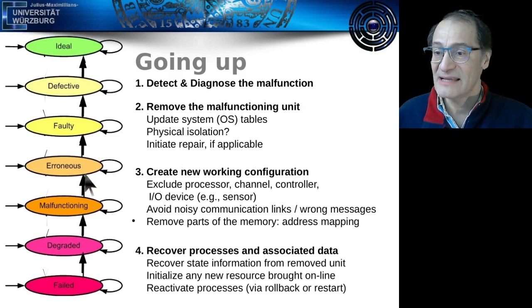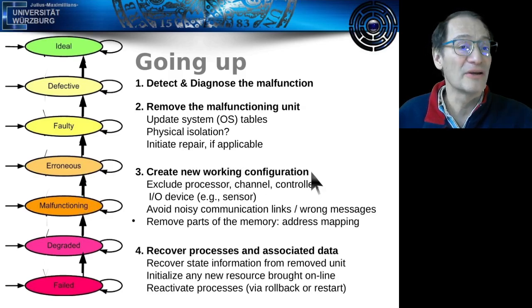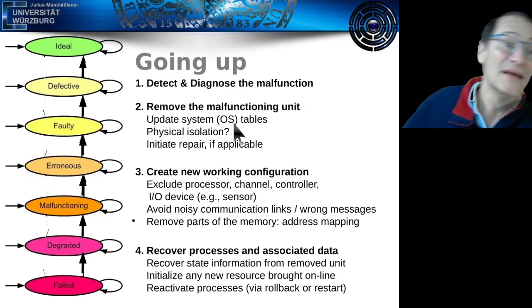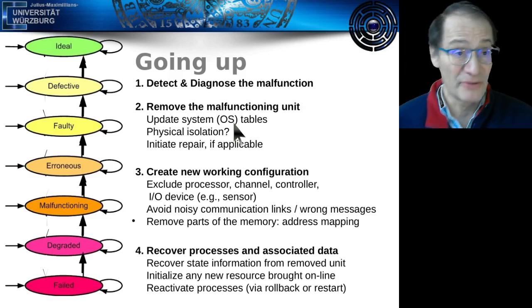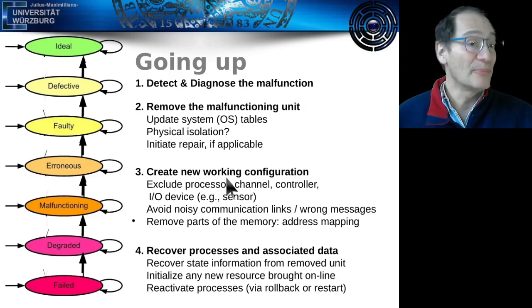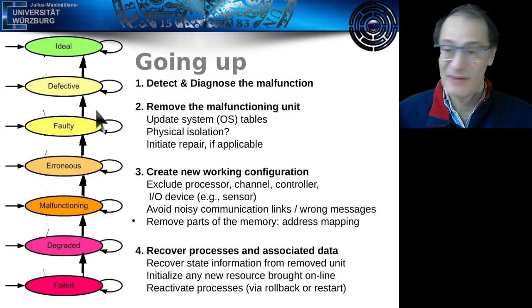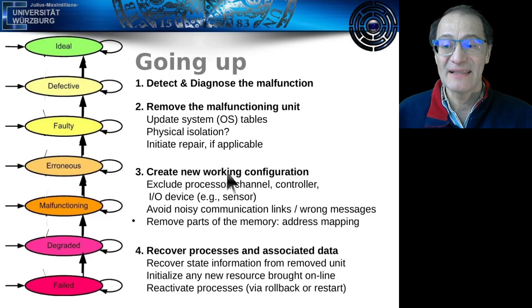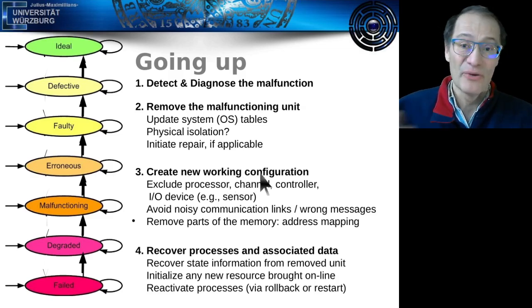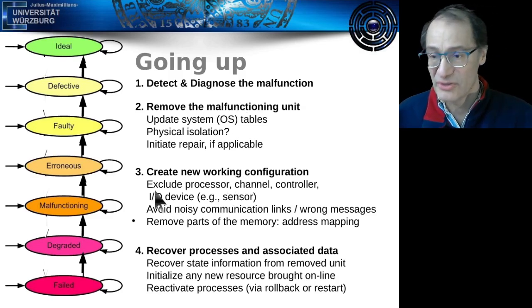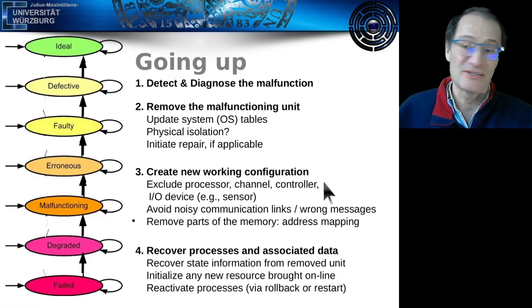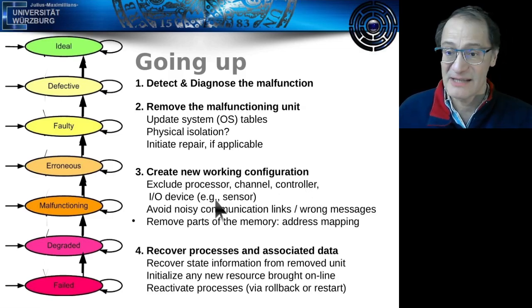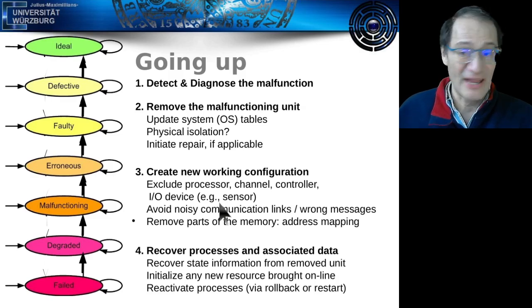Okay, then the next step here, create a new working configuration. Here we have isolated, we avoid the propagation of the error. But now we have to go back to normal operations, so we have to create a new working configuration without using the failed module. So exclude processors, channels, controllers, IO devices, or sensors which have failed.